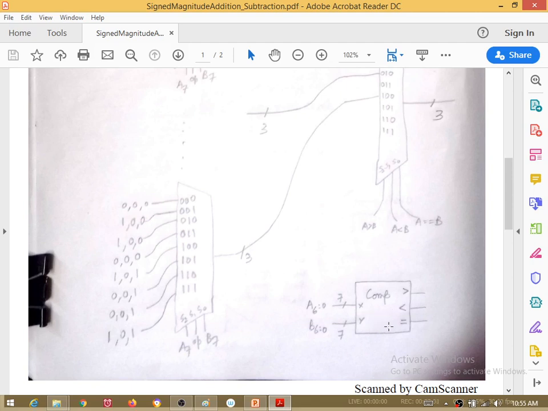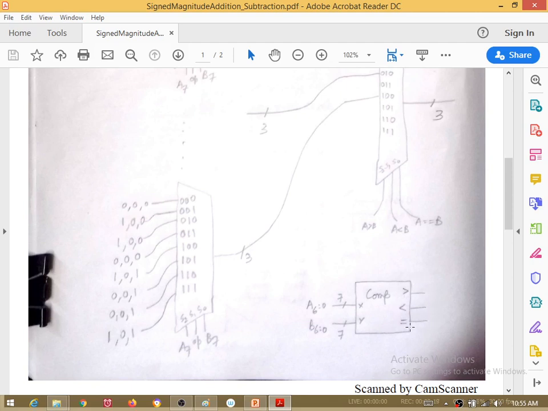We can simply use a ready-made comparator, give it the magnitude of A, give it the magnitude of B, and based on the magnitudes we have three binary answers: either A is greater than B, or A is less than B, or A is equal to B.